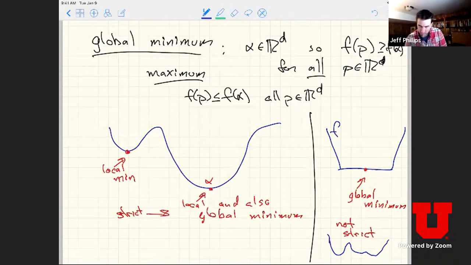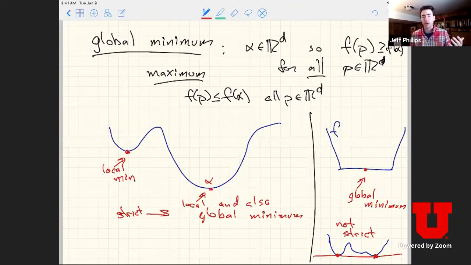like this, where you're going to have two values which have the same minimum here. Okay, so these are both global minimum, I guess, in this case, but it's not a unique global minimum.